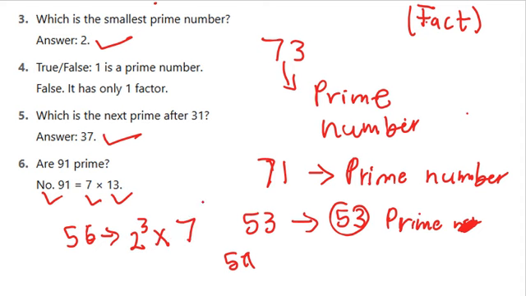Since you get these numbers as the factors of 56 and didn't get 56 back itself, it means this is not a prime number.